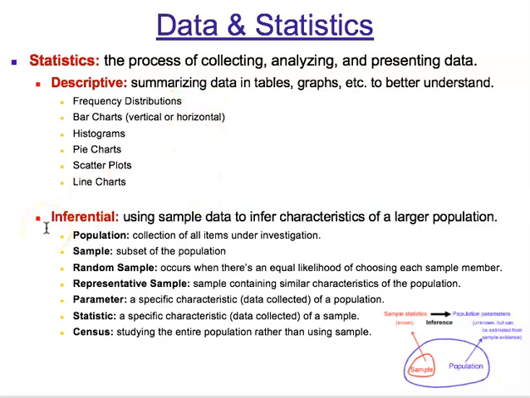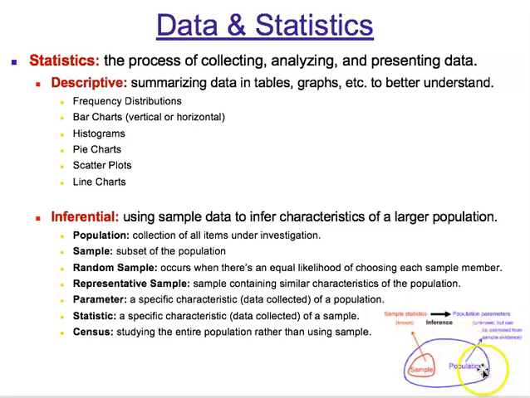Inferential statistics is where we use sample data to infer characteristics of a larger population. This is what the majority of research statistics is all about. We start with a population, which is a collection of items under investigation. Let's say I want to know what the average income is in San Diego.